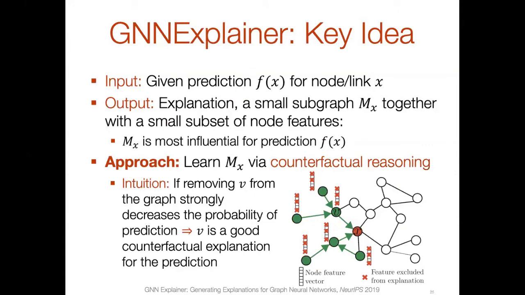The key idea of GNNExplainer is that imagine we have a particular input that we want to make a prediction for. That input would be a drug in COVID-19, and our model F makes a prediction F sub X that would indicate the probability that the drug would be useful for the disease. If that is the input, GNNExplainer produces an explanation, which is a small subgraph together with a set of node features.